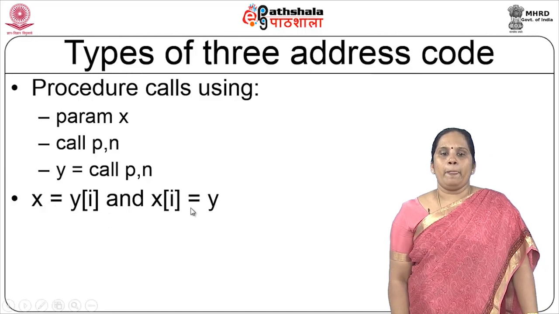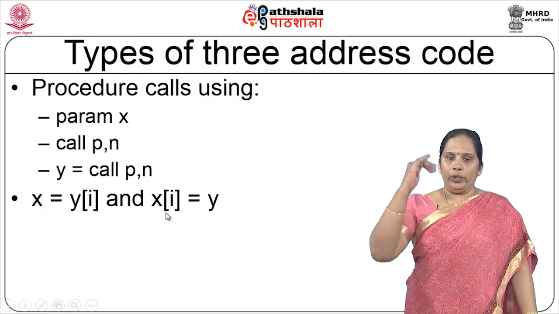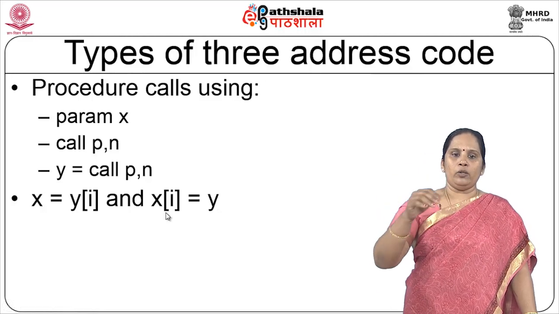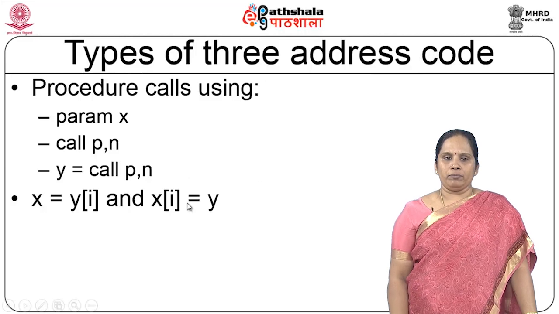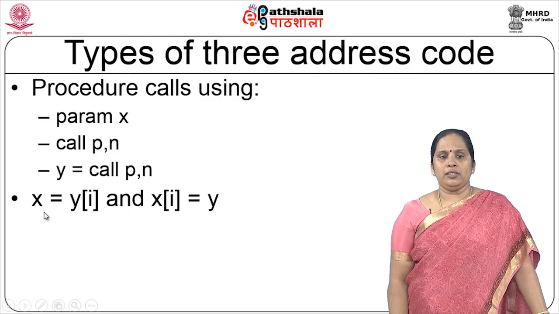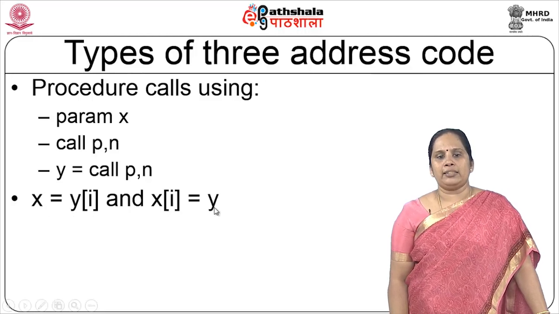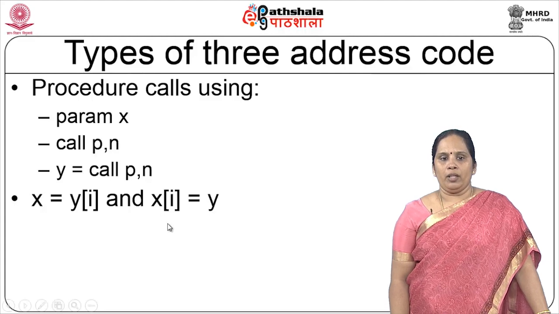What about this? Get the value of Y, go to X, move to index I and put the value of Y in that index location. Again here there are 3 addresses, X, Y and the offset I. Similarly I have here X, Y and the offset I.